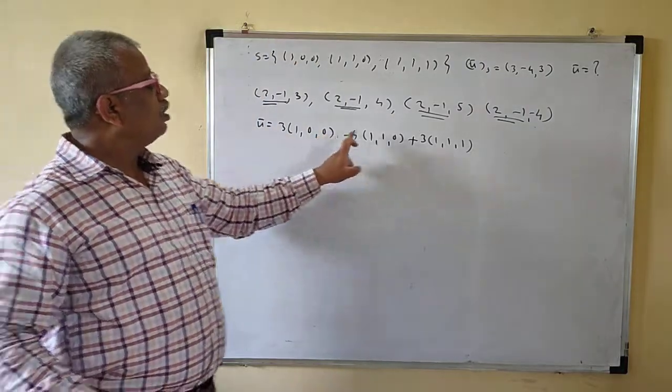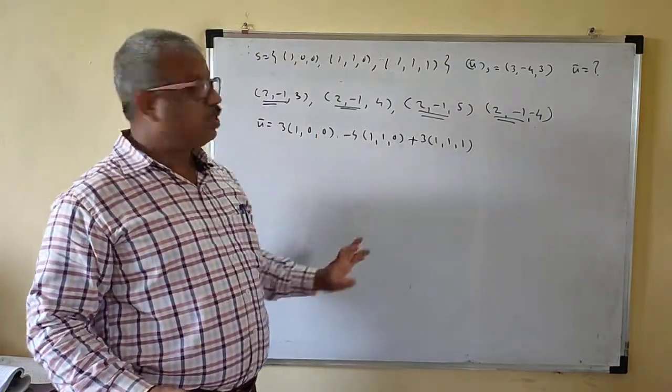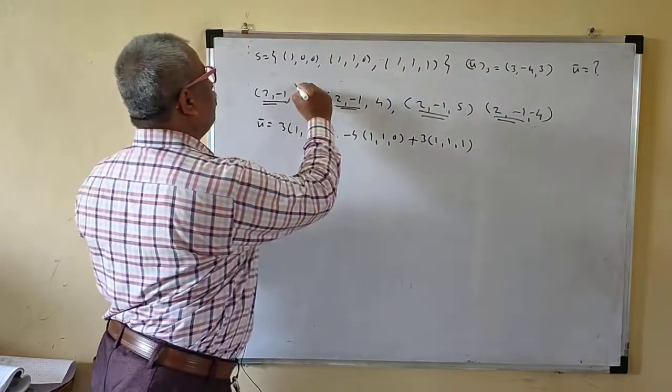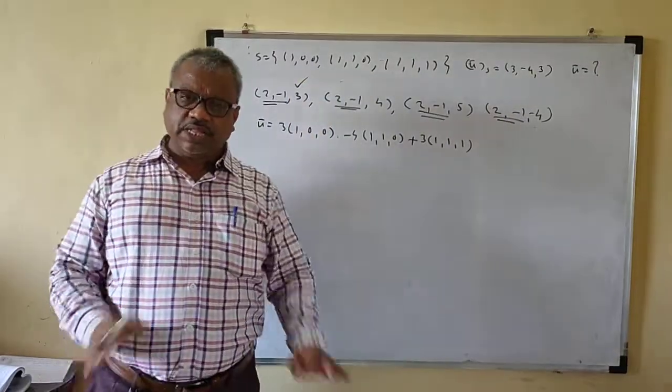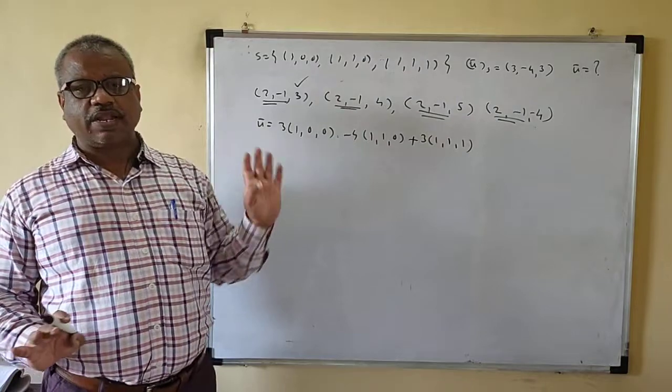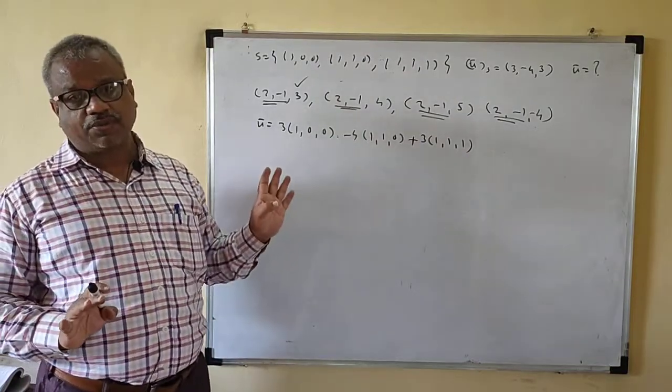This one is not 0, and this one is not 3. Which vector has 3 as its third component? So within a minute you can find the original vector if the coordinate vector is provided.